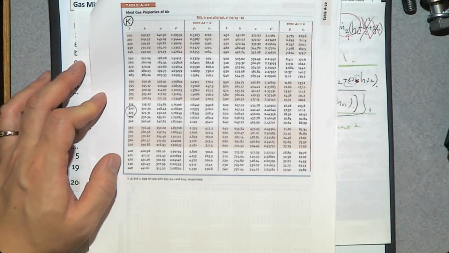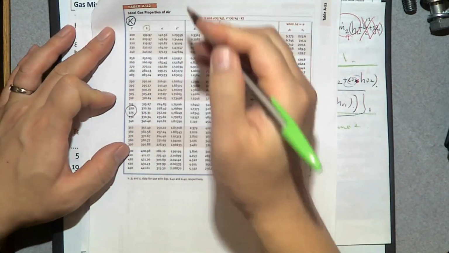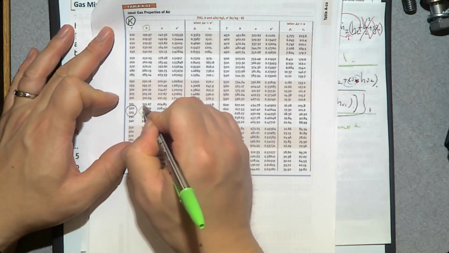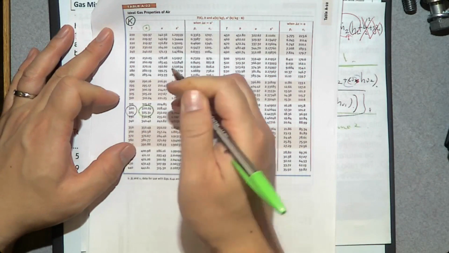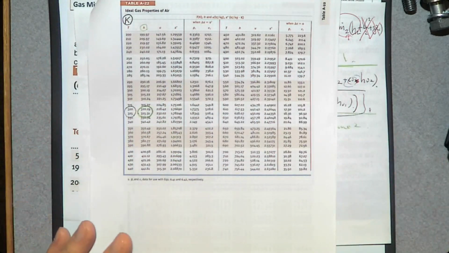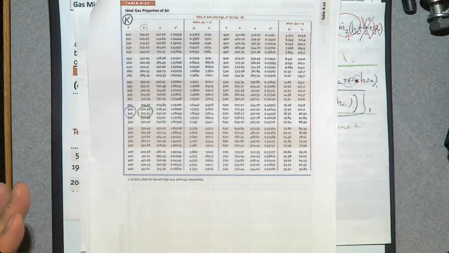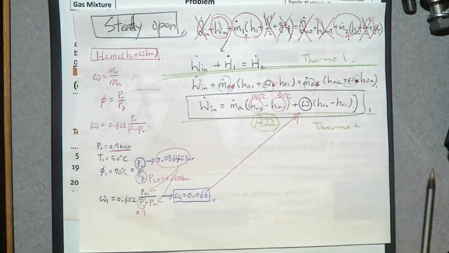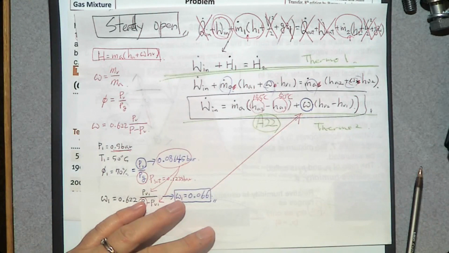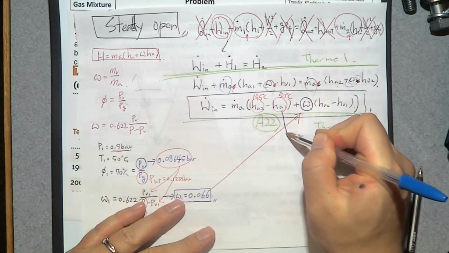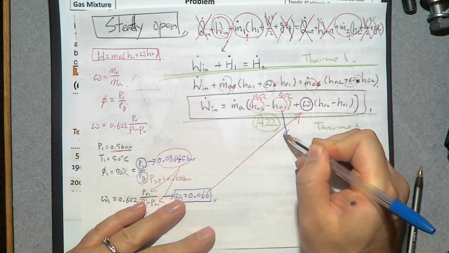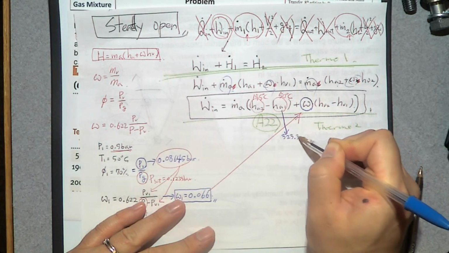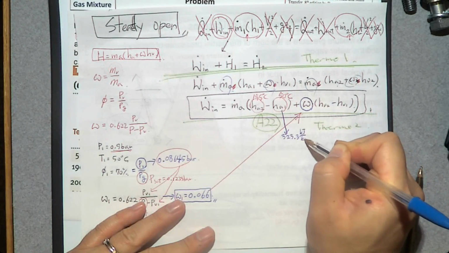To determine h, we need to do a linear interpolation between these two numbers, and I'm pretty sure you know how to do that. If you do the linear interpolation, we get hA1 equals 323.3 kilojoule per kilogram.